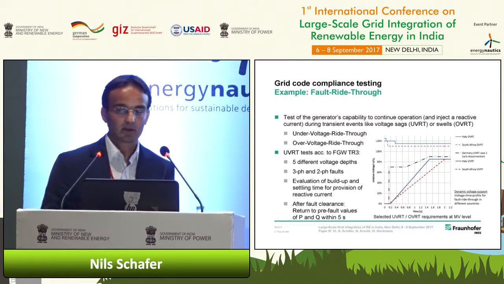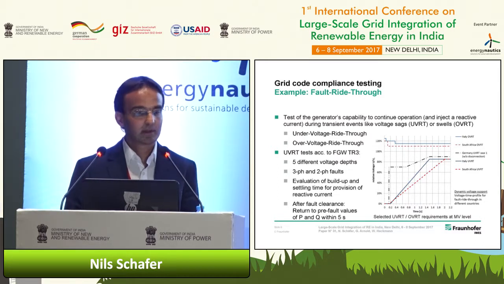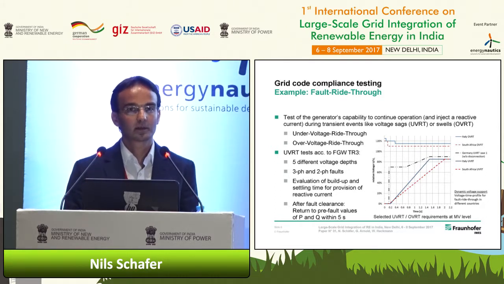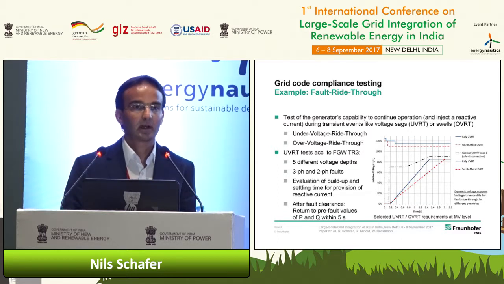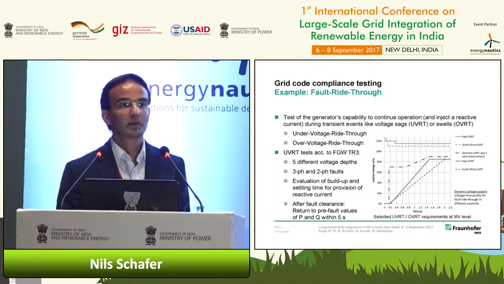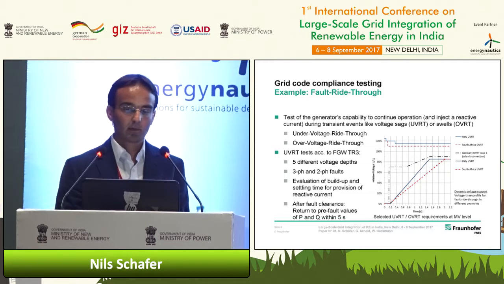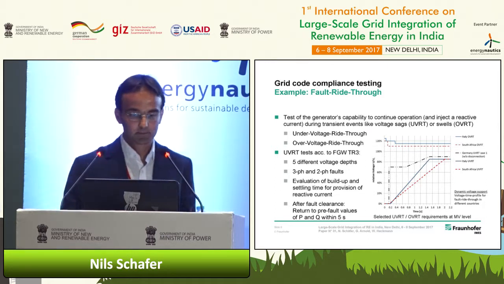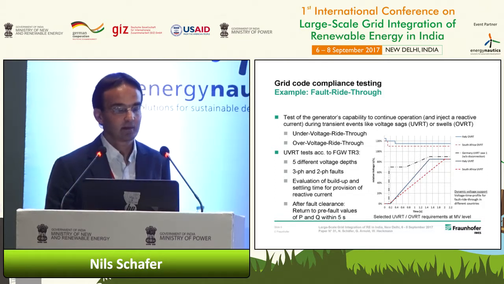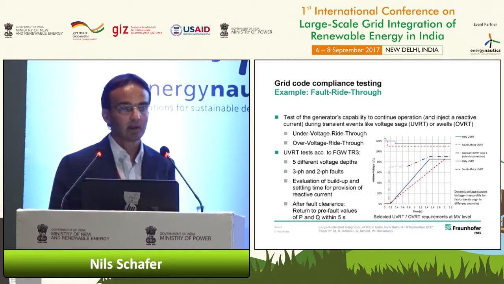These are just requirements taken from Italy, South Africa, and Germany. Germany has also now introduced high voltage ride-through requirements, but in these graphs only requirements for medium voltage level are shown. For medium voltage level in Germany, the requirements for overvoltage ride-through are only a draft version at the moment.